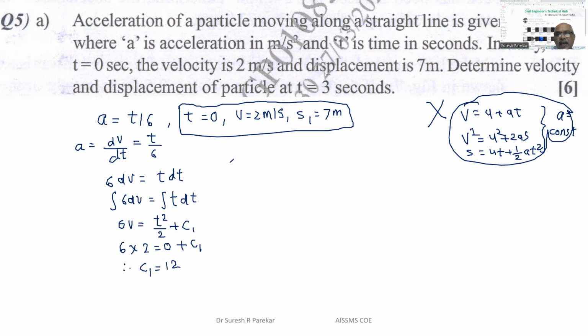Now we have to determine velocity and displacement when T is equal to 3 seconds. So we have 6V equal to T square by 2 plus C1. Now we have the C1 value as 12. So 6V equal to T square by 2 plus 12.